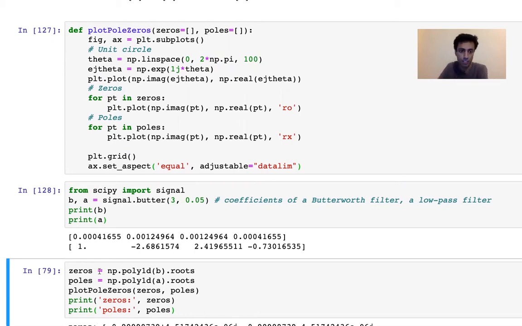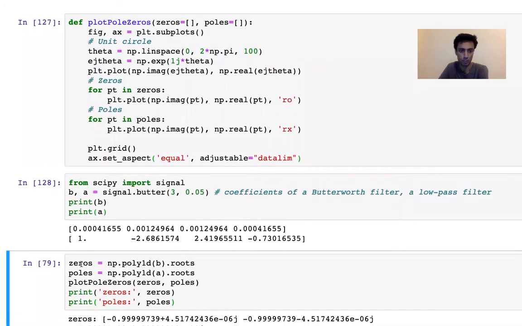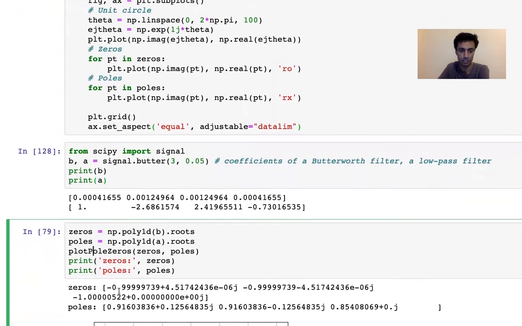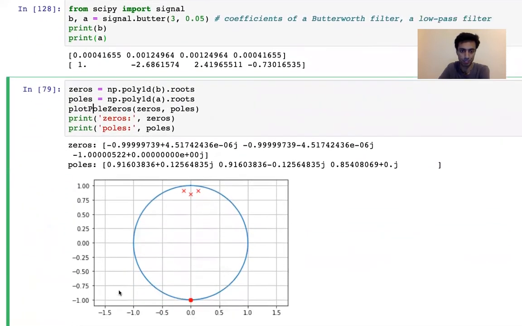So I have converted this to a polynomial, and I have found the roots. Zeros are the roots of the numerator, poles are the roots of the denominator, and I simply pass these to my function, plot pole zeros, and that's it. So I got this plot.